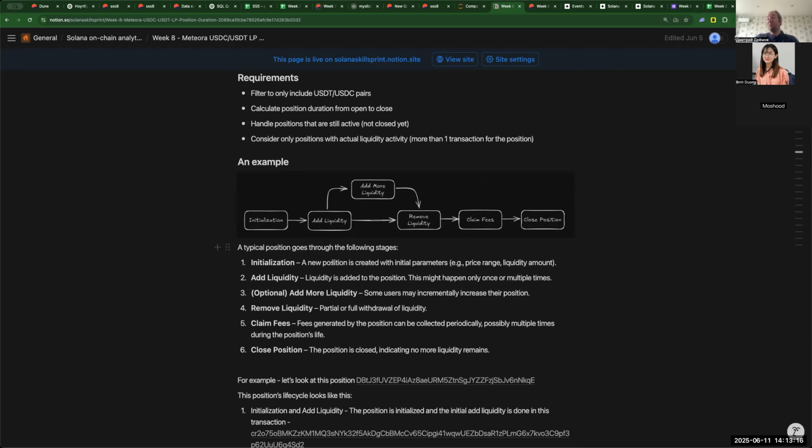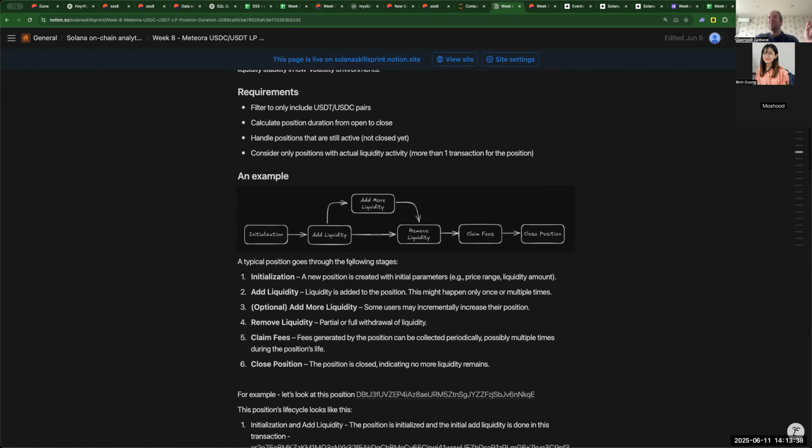What was important is that as a liquidity provider, every time you contribute to a pool, you probably make a new position, and then you can close it. For each of these positions, we want to have the calculation of duration.